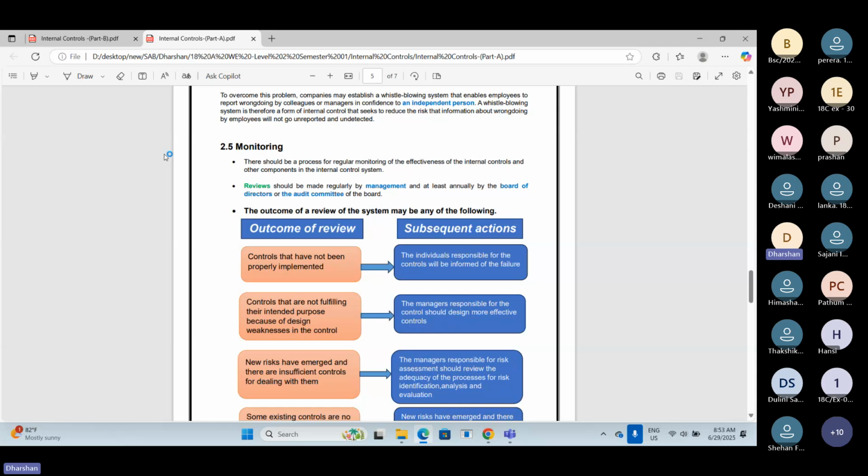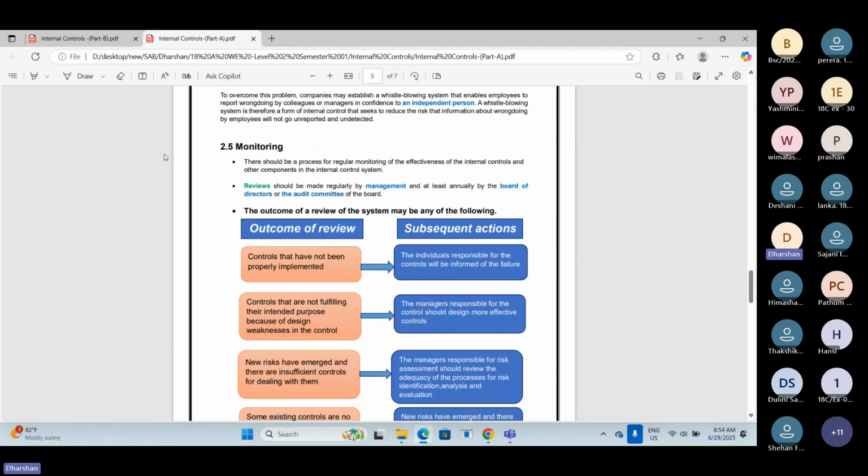But the board of directors will not do the activities themselves, because in an organization the board of directors makes decisions, and there is a team below them who implement those decisions. So they will implement whatever decisions they have taken through their team, which means the management team. So the ultimate responsibility is with the board of directors, but they will implement those decisions with their team.